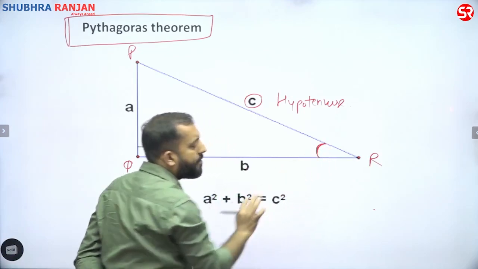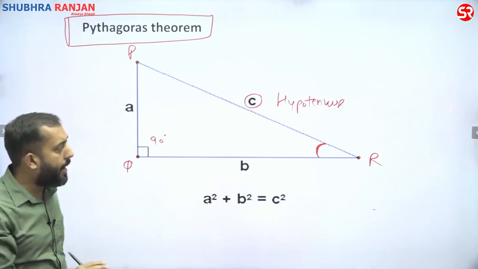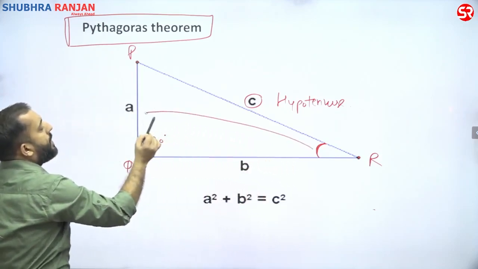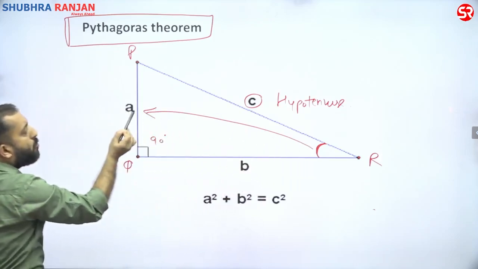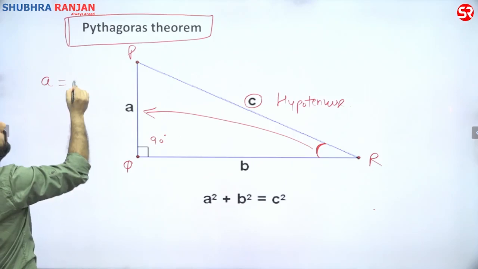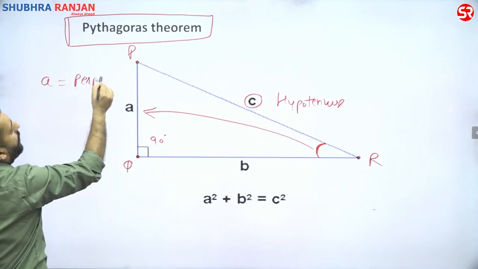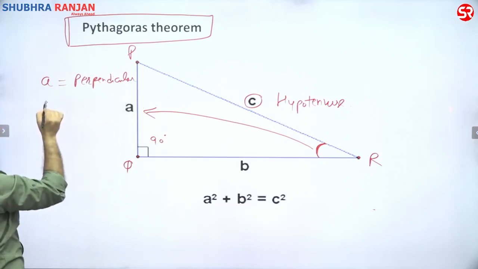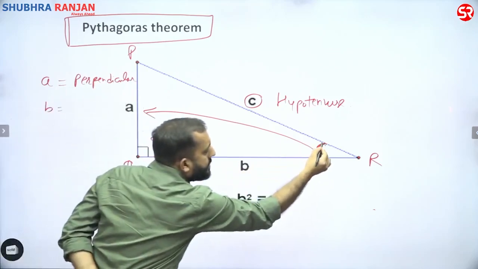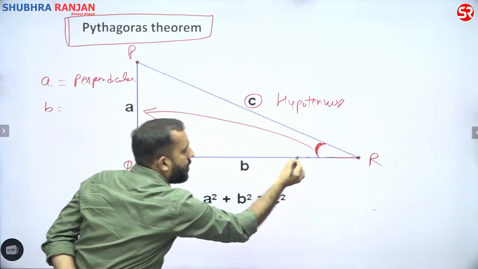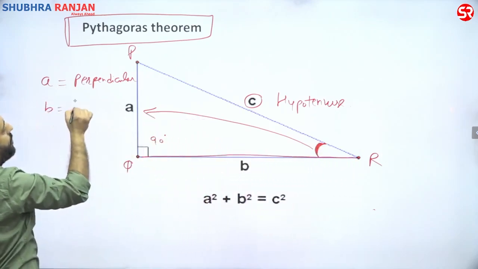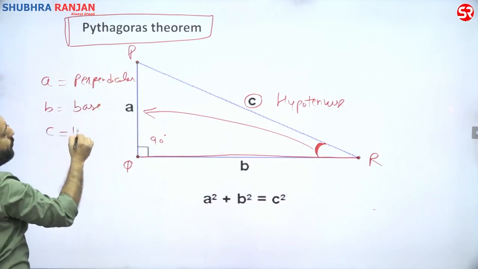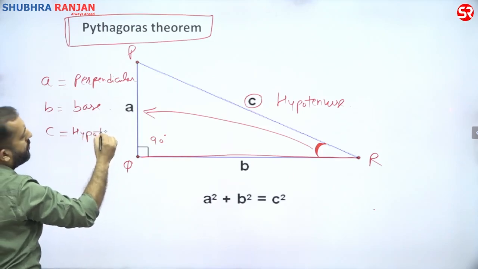Then the side opposite to this angle will become your perpendicular. The side adjacent to this angle will be your base, and the remaining side, C, will be your hypotenuse.